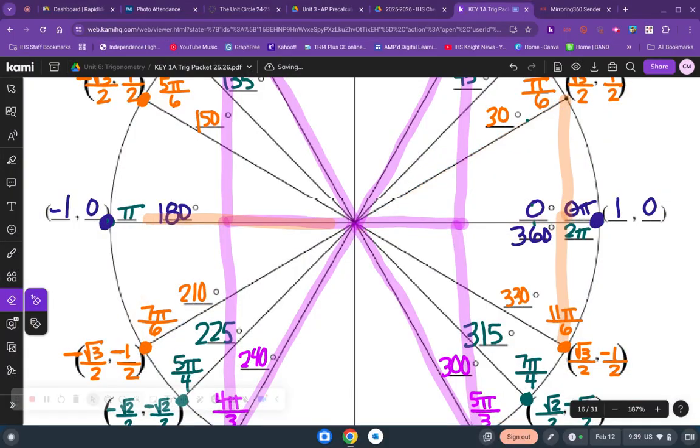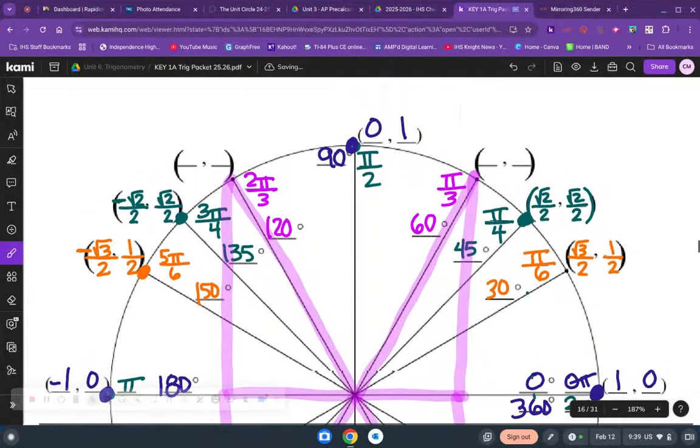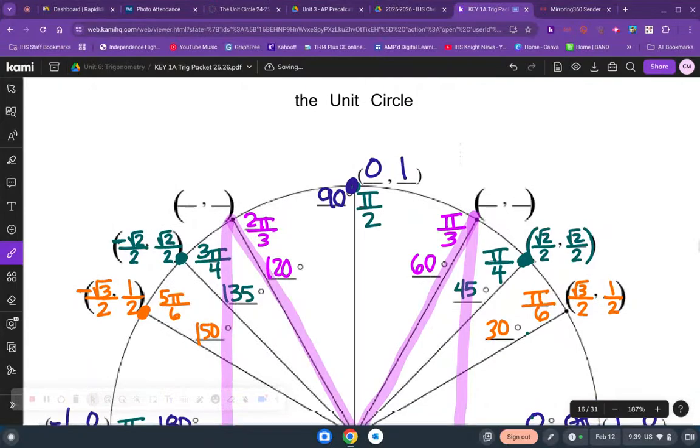All right. Now, what's nice, another little pattern that we can put to good use would be my pi over 3's. Pi over 3 is the same as 60 degrees, and it's simply the inverted x and y coordinates.